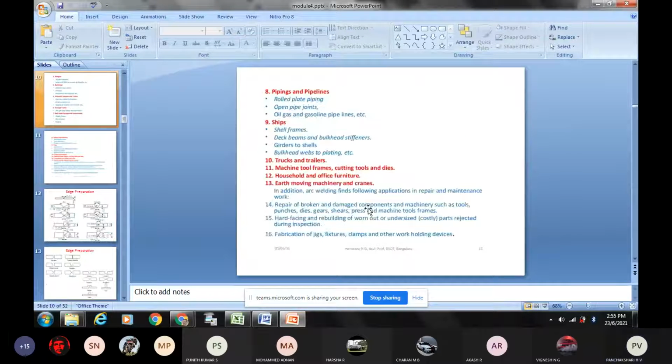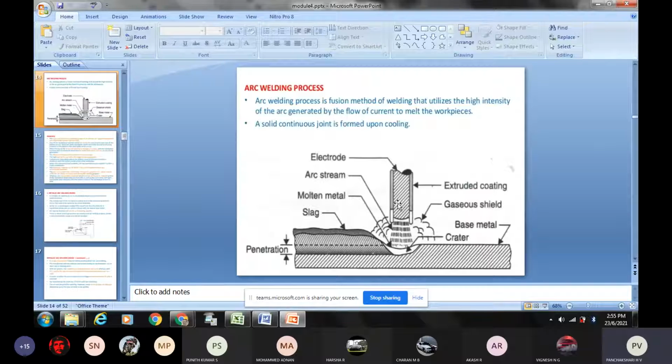See here, this is the electrode, and this is the base metal which is being welded. When the current flows, this is connected to positive, and this is connected to negative, which is connected to the earth. So energy comes to this, and the electrons jump from this electrode to this part. That is the flow of electrons you can see here.